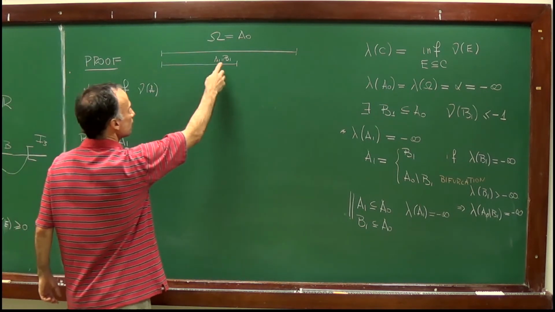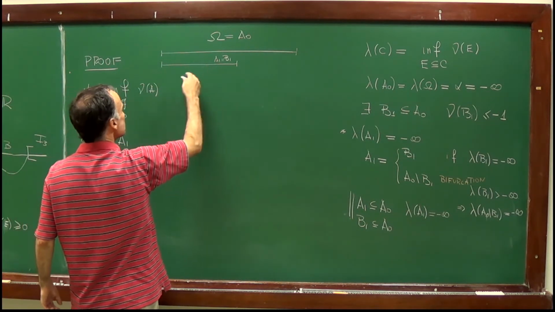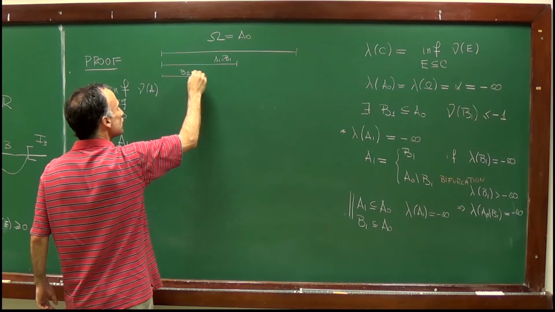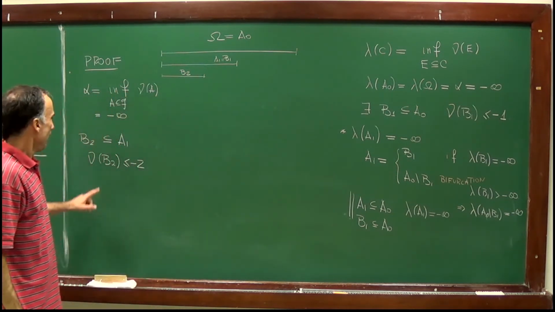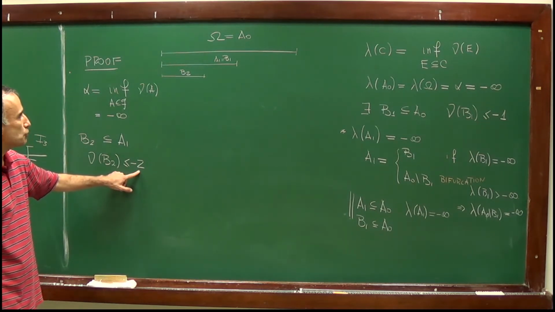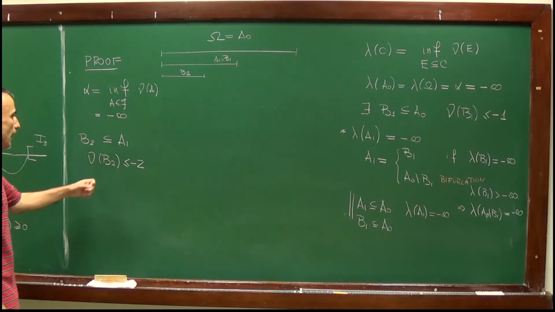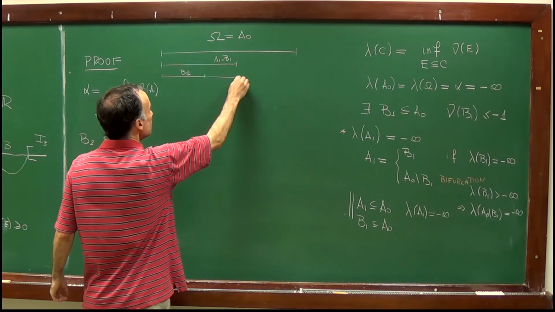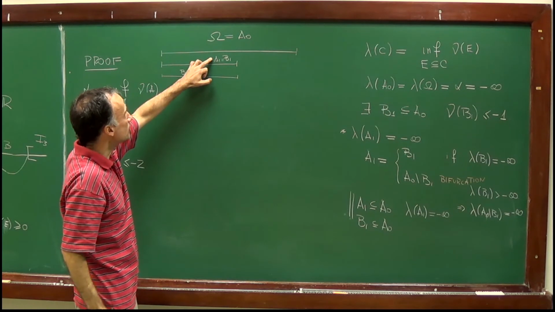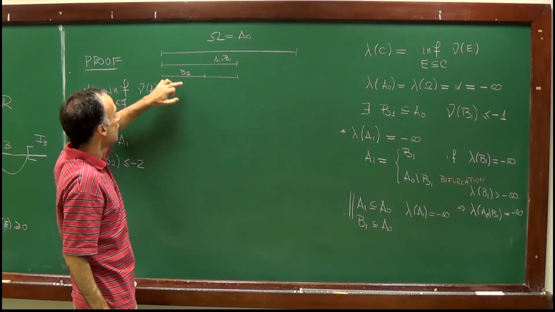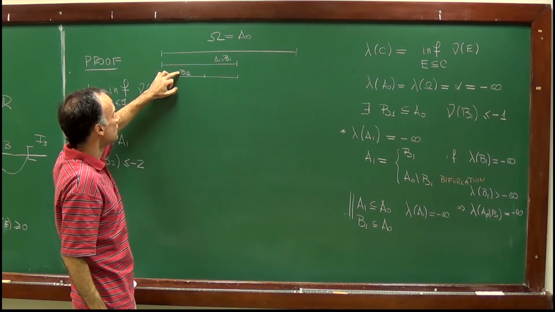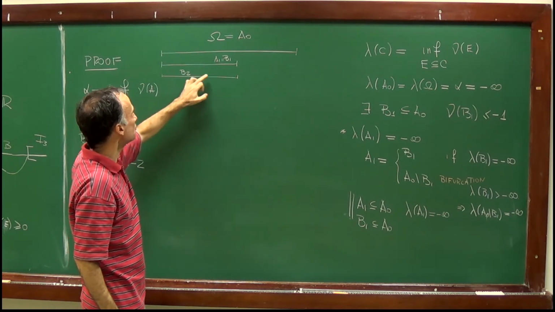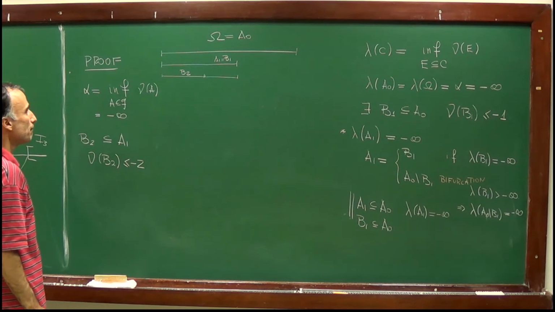So in my example, a1 was equal to b1, so we could find the set b2 contained in a1 and whose measure is equal to minus 2. And now again I will claim that, since lambda of a1 is equal to minus infinity, either lambda of b2 is minus infinity or lambda of a1 minus b2 is equal to minus infinity.